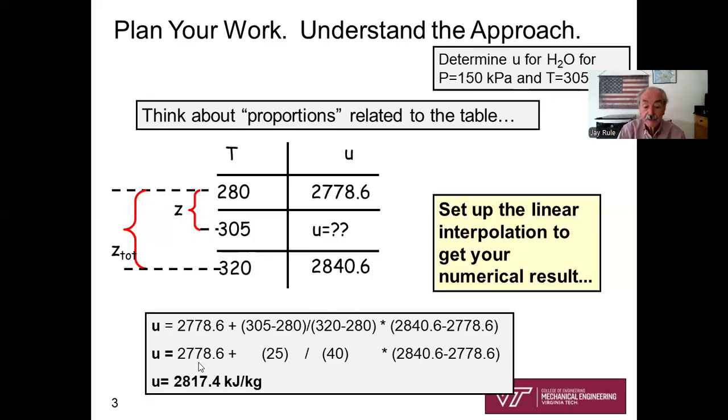So for this case, we've got 2778.6 plus 25 over 40 times the difference between these two u values. And however you get the number, the u value is 2817.4. So, okay, I think you got it. It probably takes you a little bit of time to do this when you're working through your homework problems.